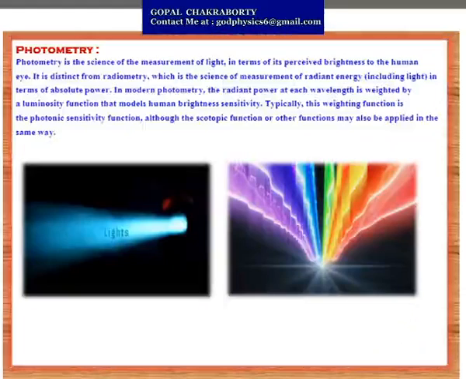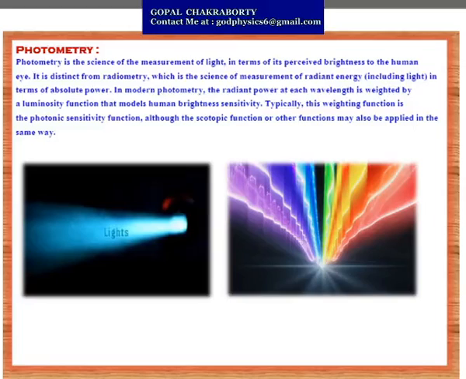So what is photometry? Photometry is the science of the measurement of light in terms of its perceived brightness to the human eye. It is distinct from radiometry, which is the science of measurement of radiant energy, including light also, in terms of absolute power.